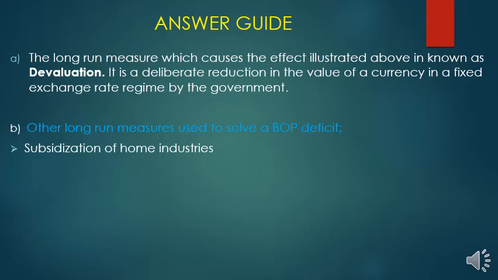The aim of devaluation, when we talk about solving a BOP deficit, means that we want to increase export and reduce import. So in order to understand this, you have to understand that in trying to protect, you can use trade protection methods here.